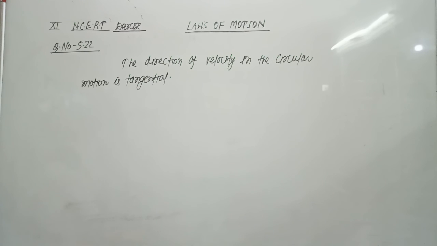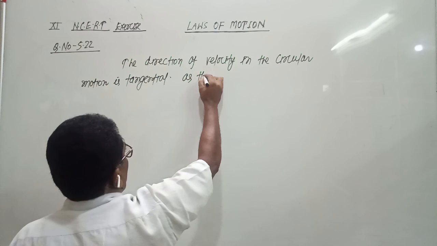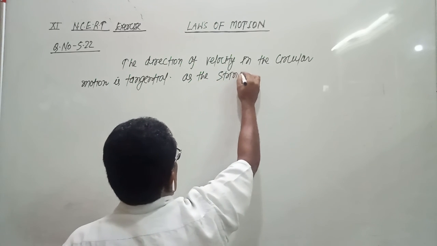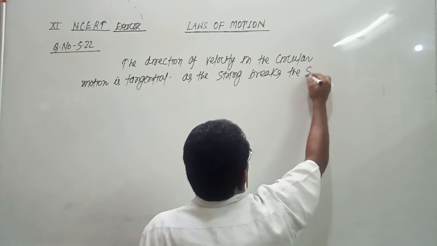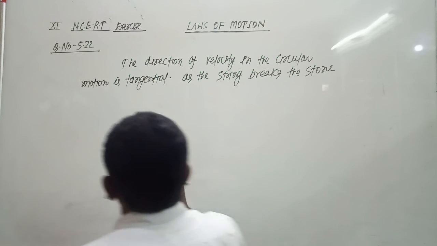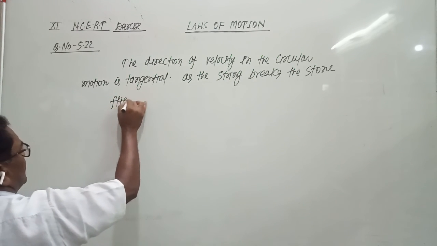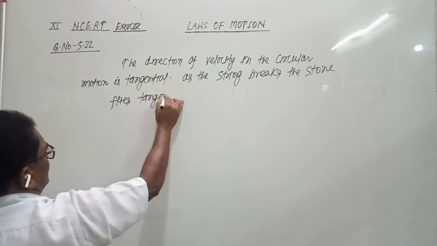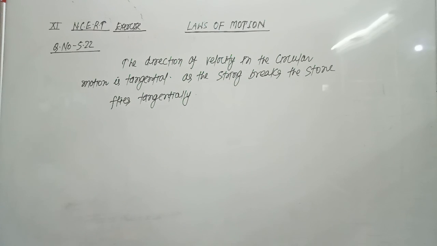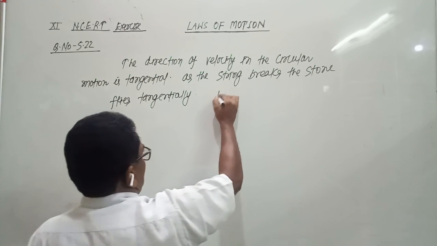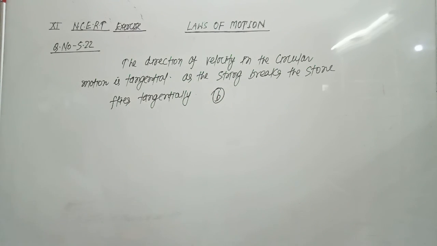So as the string breaks, the stone flies off tangentially. So the correct option is B: the stone flies tangentially.